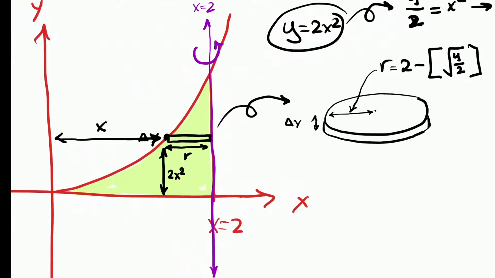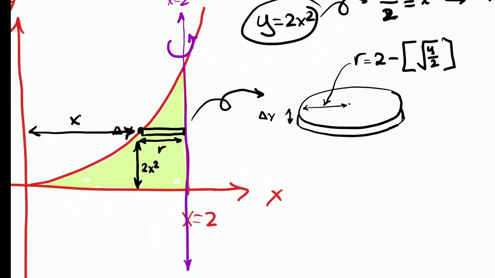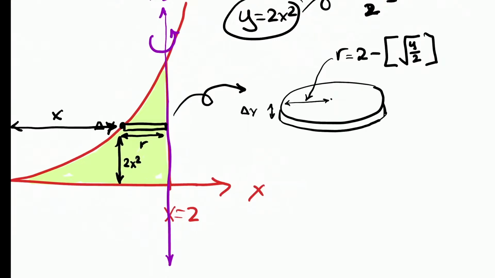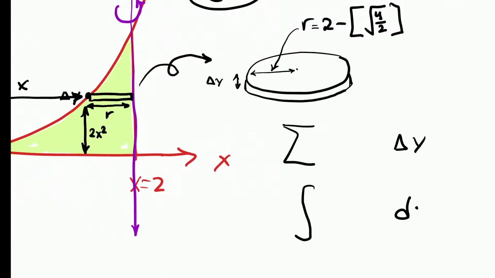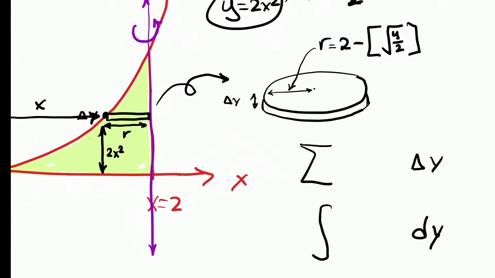Now, here's the other thing to note: because this is delta y, when I get to the point where I'm going to write a summation and an integral, the summation will have delta y in it, and the integral will have dy in it. And so I need whatever is here to be in terms of y, not x.